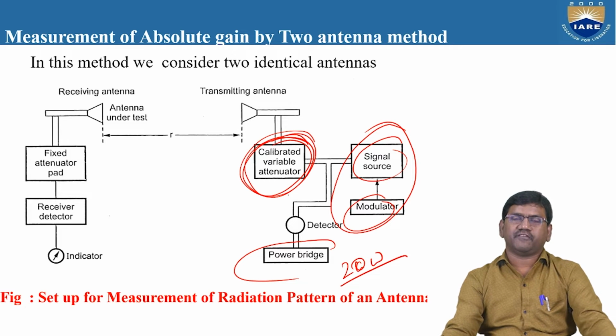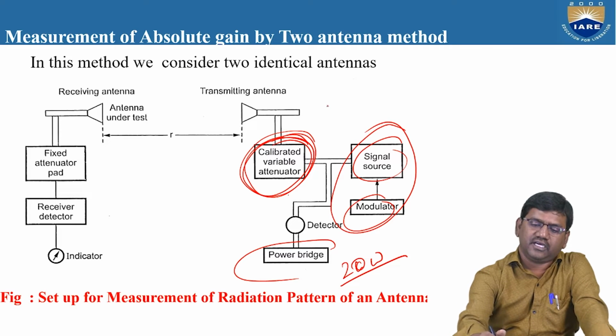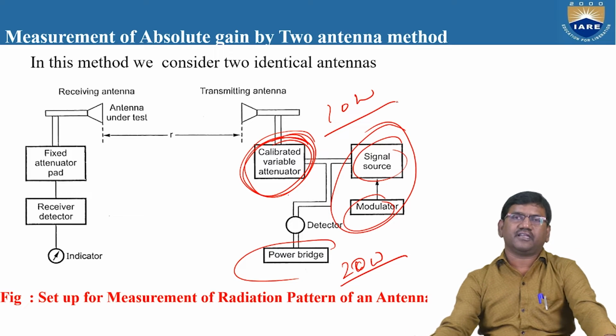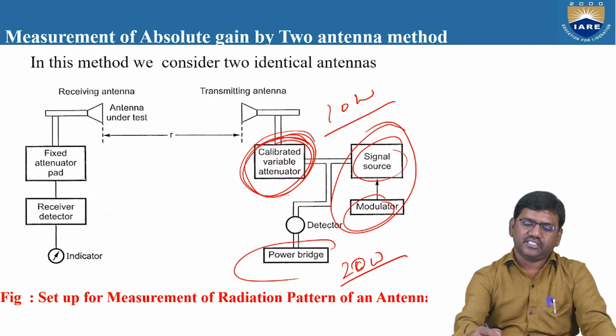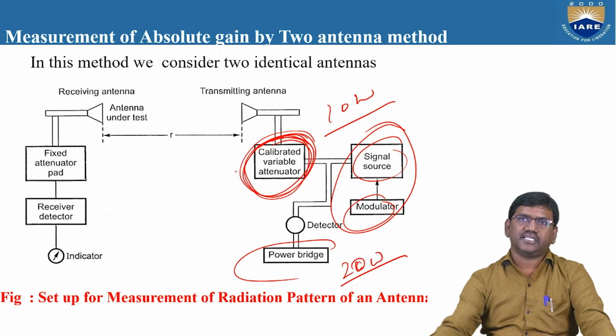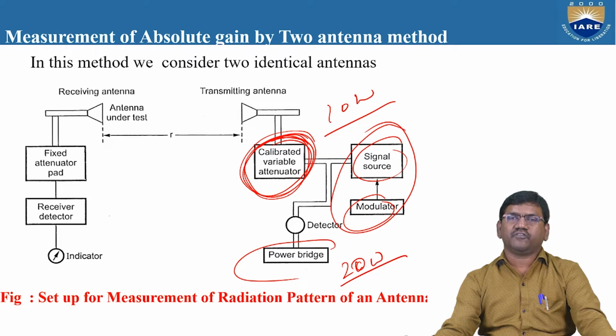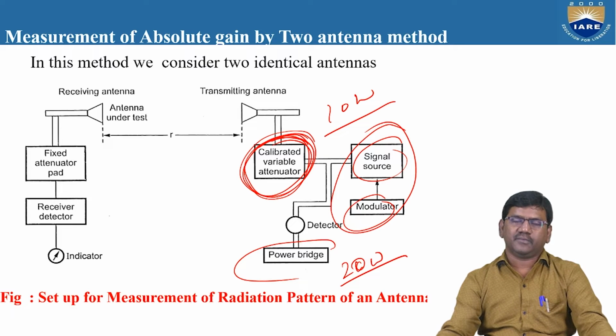Suppose the input power given to the power bridge is 20 watts. Now I want to transmit only 10 watts of signal as input to the transmitting antenna. The total capacity is 20 watts, but I want to give only 10 watts, so we can use the calibrated variable attenuator, where the amount of input signal can be varied.